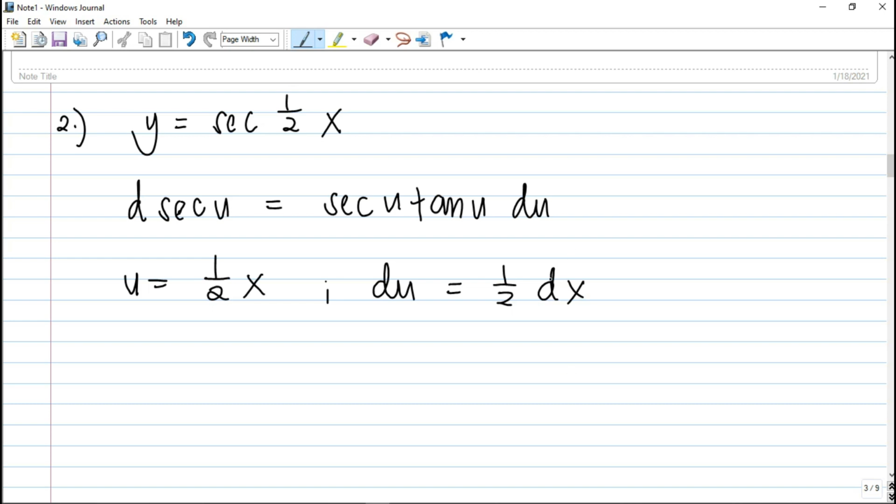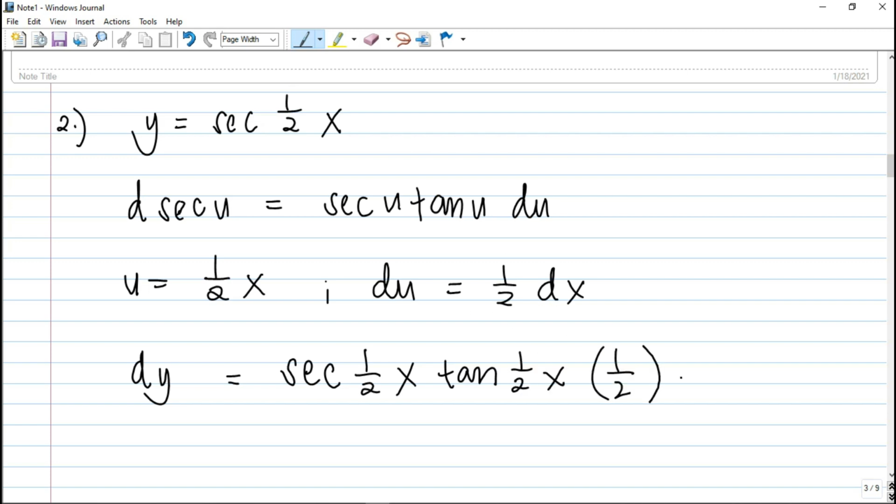After that, we substitute. The derivative of y equals, applying the formula, secant u, where u is 1/2 x, tangent u, where u is 1/2 x, then the derivative of u is 1/2 dx.